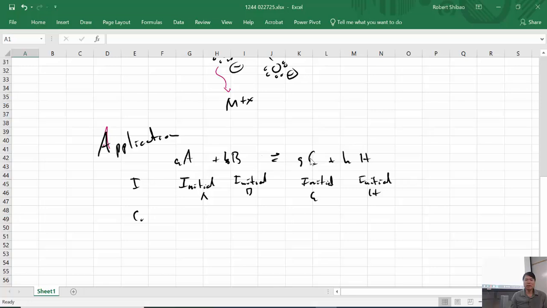The change is going to be either minus AX, minus BX, plus GX, plus HX, or the change is going to be plus AX, plus BX, minus GX, minus HX. This is if the ratio is too small. This is a ratio too big, or the change could be 0, 0, 0, 0.